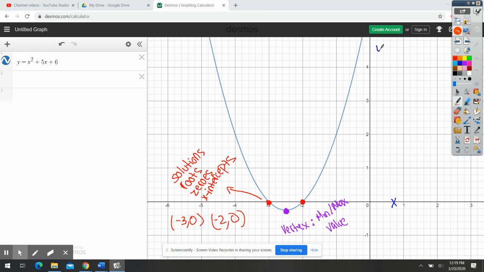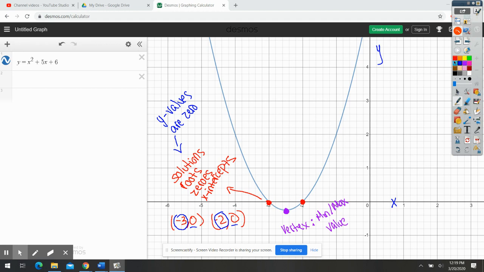This is our y, and both of the y values are 0. So the solutions, just as a side note, are where the y values are 0. That's also why they're called zeros. So they're the x values when the y value is 0.